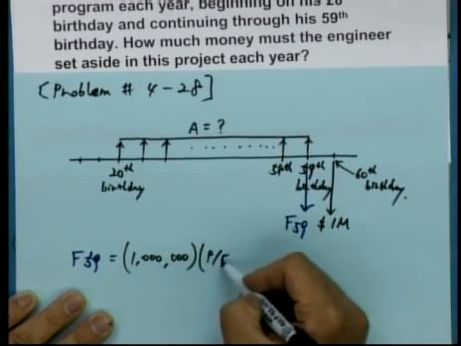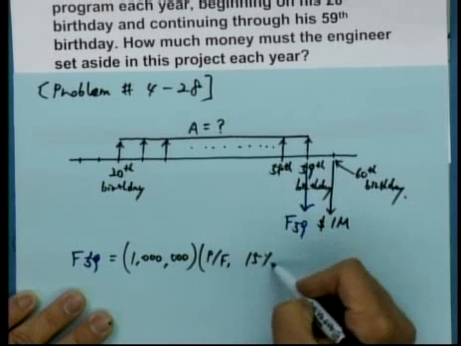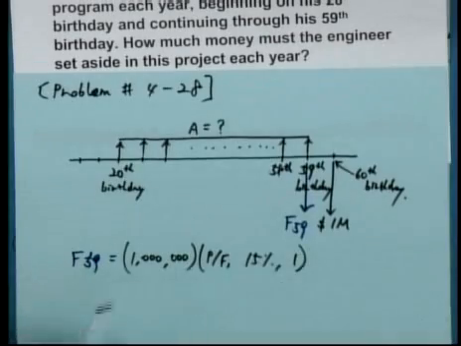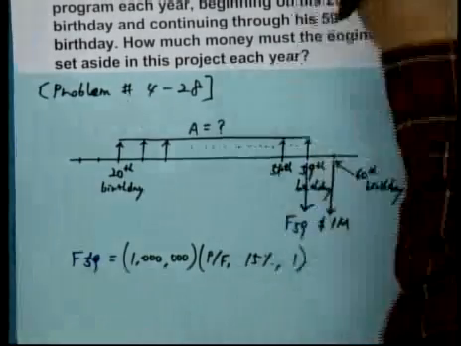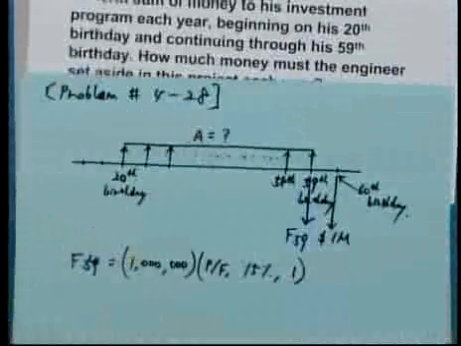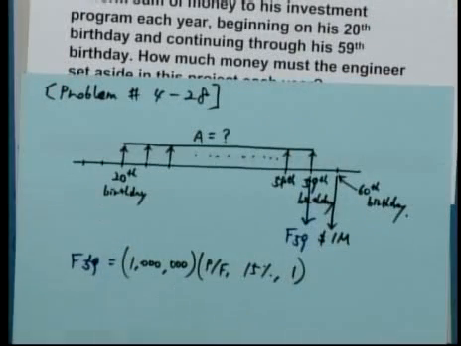then P given F, 15% and over one period, right? And what is this value? P given F. So you need to look at page 615.